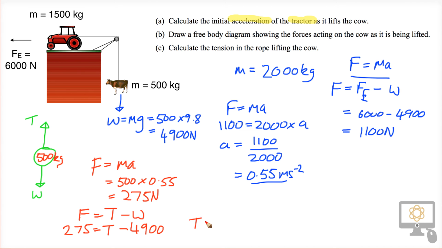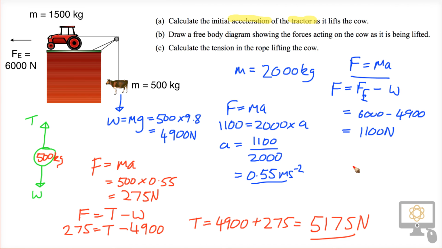And so our tension is equal to 4900 plus 275, which is equal to 5,175 newtons. So that's the tension in this rope right here, lifting up the cow. And we determined that by knowing the acceleration of the cow, because we know the acceleration of the whole system, and then solving this formula.